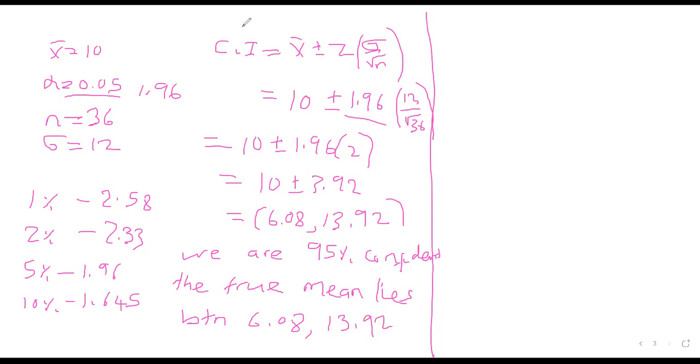The next question, we're given our P as 10%, and our confidence level as 90%, our N as 50. If P is 10%, then the Q should be what? The opposite, 90% or 0.9.